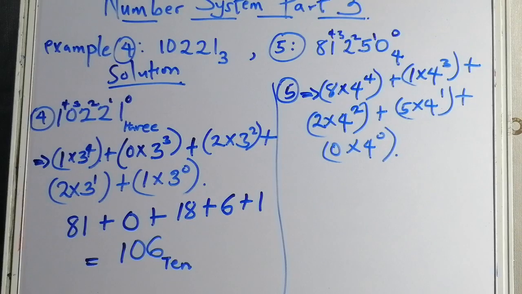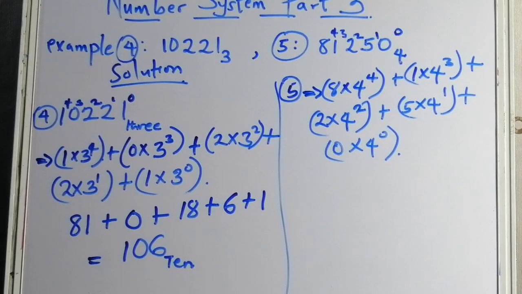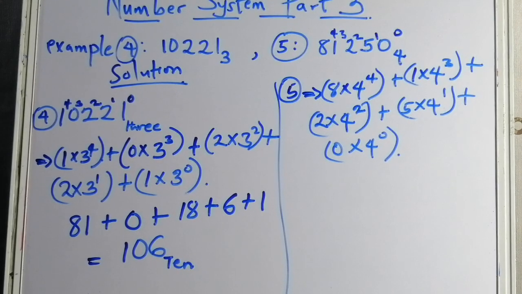It's as simple as that. So from there, you can get your answer out. So what we just need to do here is multiply everything and add, like the way we did for example 4, and get our answer out. It's as simple as that.